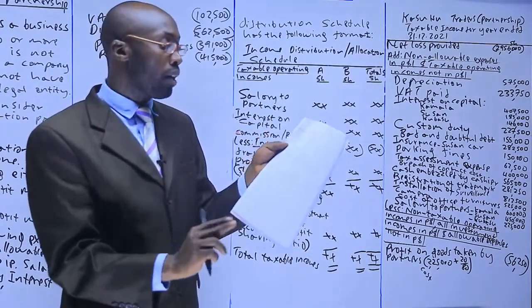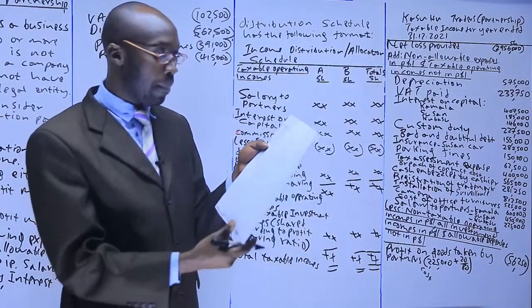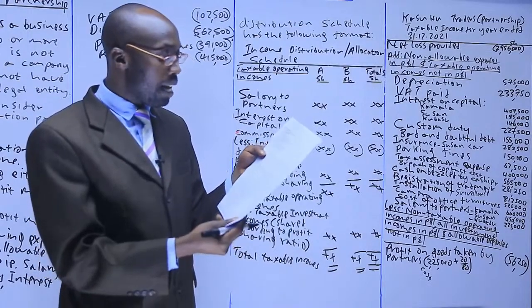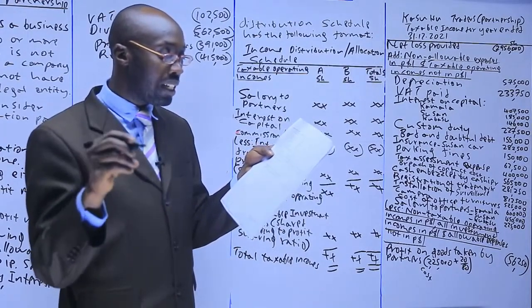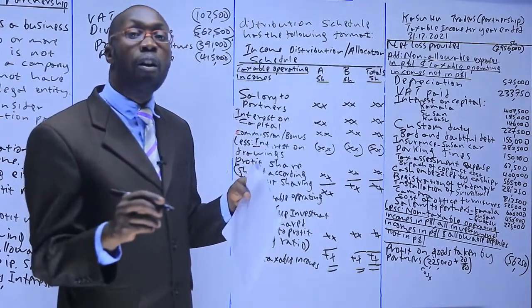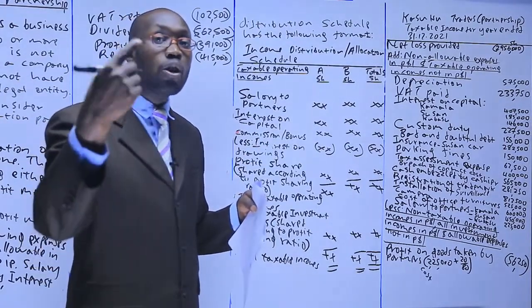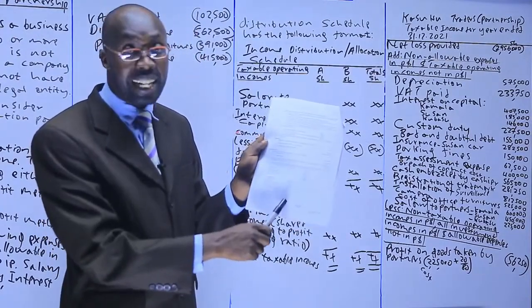So number 3, sundry expense is in the P&L. Repair and maintenance is in the P&L. Number 5 was about gross profit, not even an expense. Number 6, investment allowance were agreed with the revenue authority to be 1,475,000 during the year. Now, investment allowance or capital allowance, it is allowable. It had not been deducted, because if you go to the P&L, you will not find it having been deducted there.